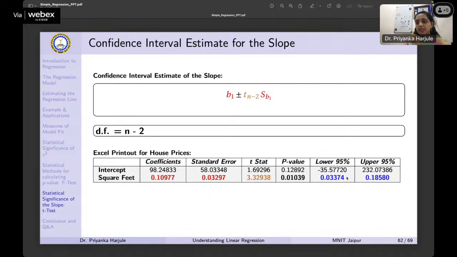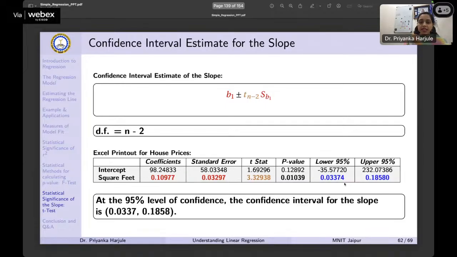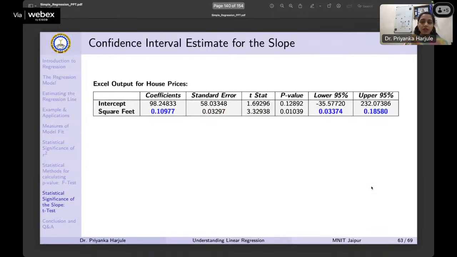With 95% confidence interval, we can say that the lowest that the slope can be is 0.033, and the highest the slope can be is 0.185. So this is the confidence interval.